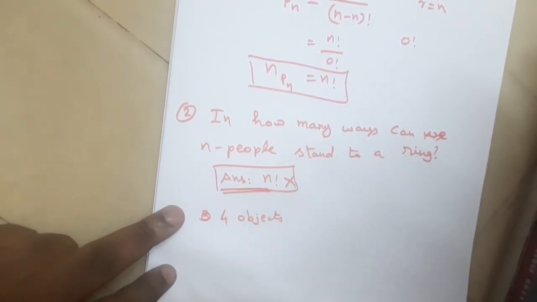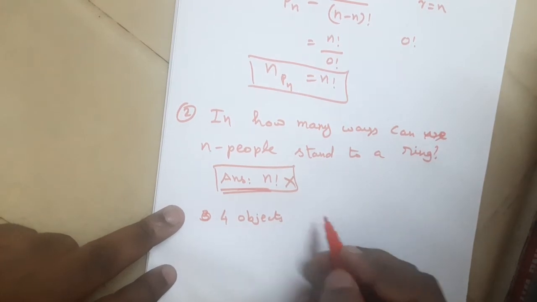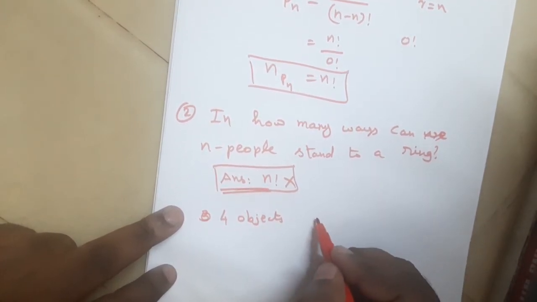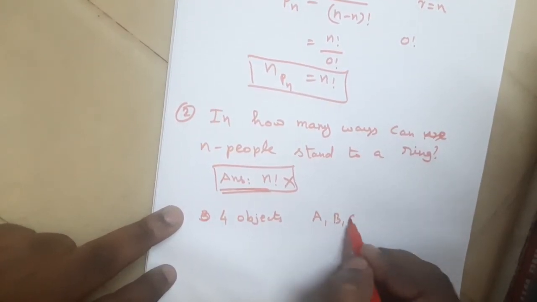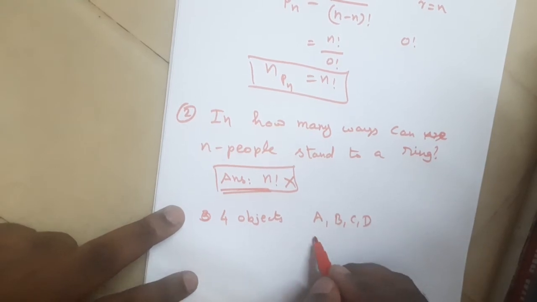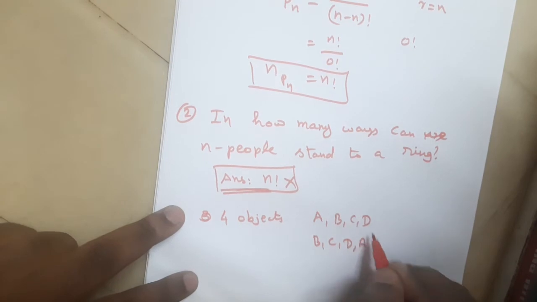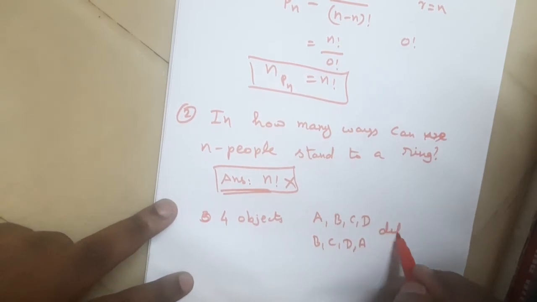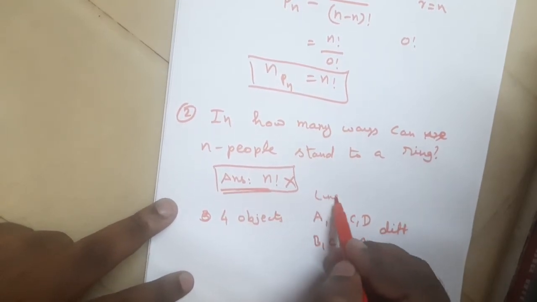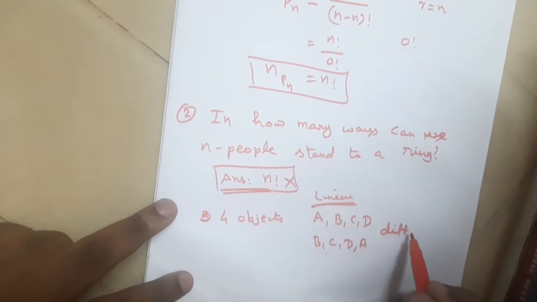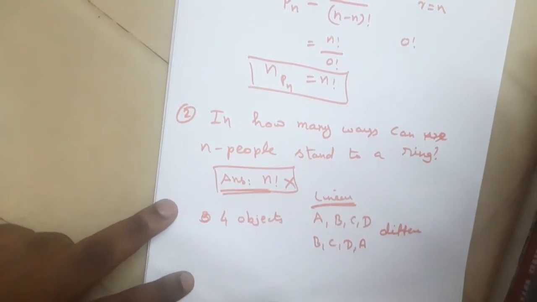In linear arrangement, A, B, C, D and B, C, D, A are both different.